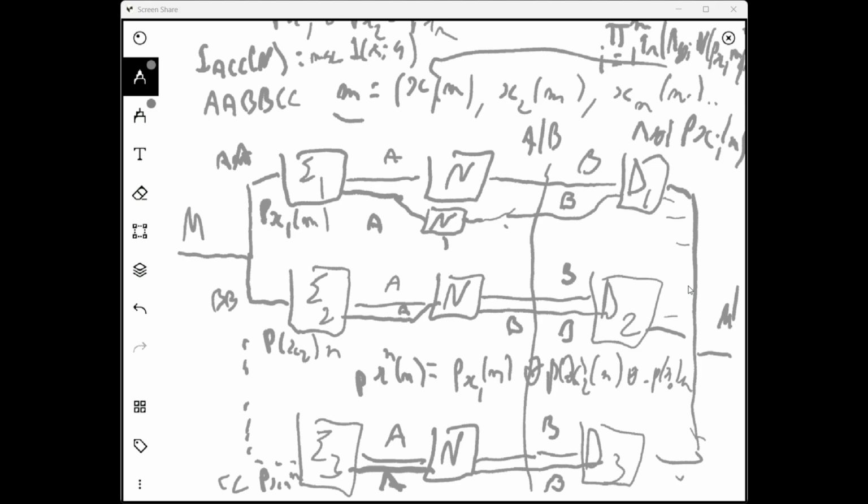So in our case, with two, the rate is the accessible information of N tensor N, which is superior to the accessible information of N. Here, two photons. Suppose you have three, for example, we put a third N channel, then it will be even bigger, etc. So you add information.